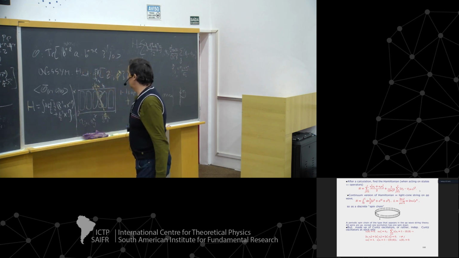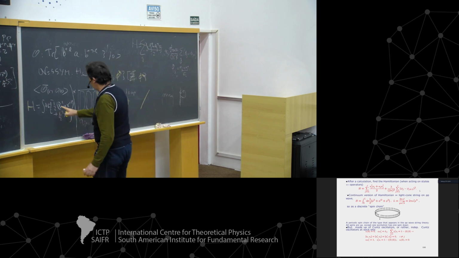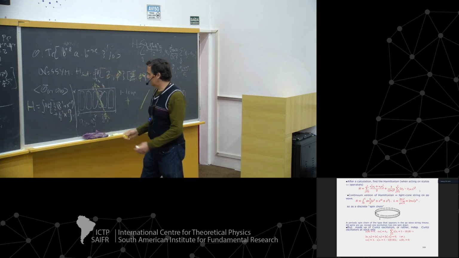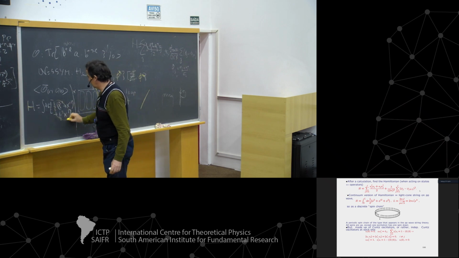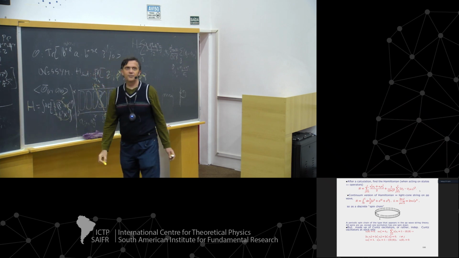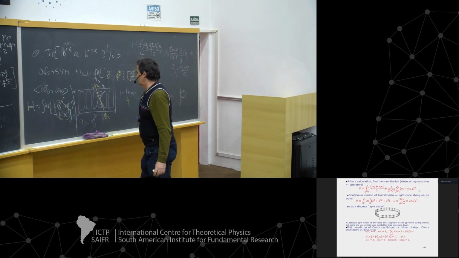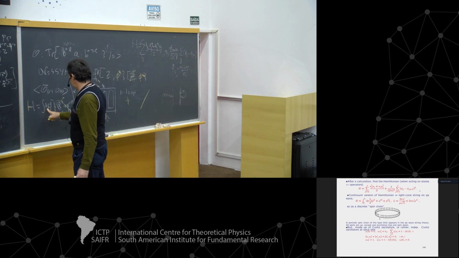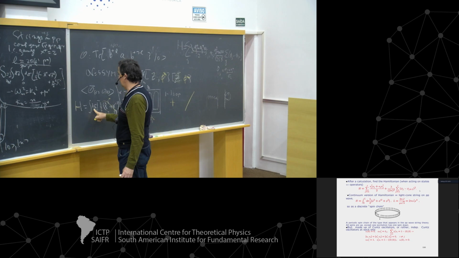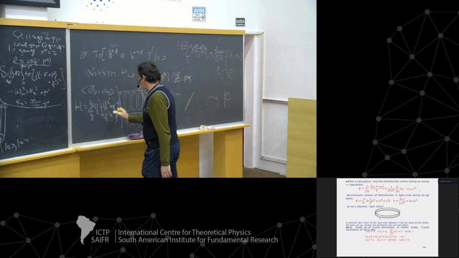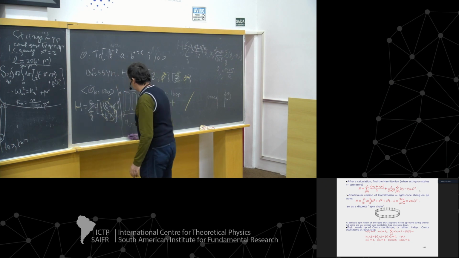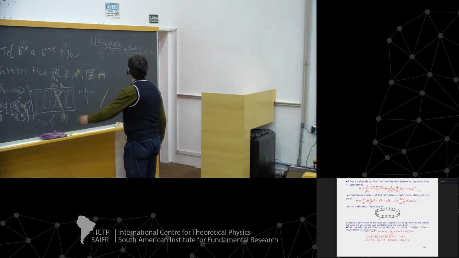And further, I have x dot squared over 2 plus mu squared over 2 x squared. So this part is just the Hamiltonian of a free oscillator. Then if I discretize the sigma coordinates, I turn it into a sum over j, and this becomes the j's.